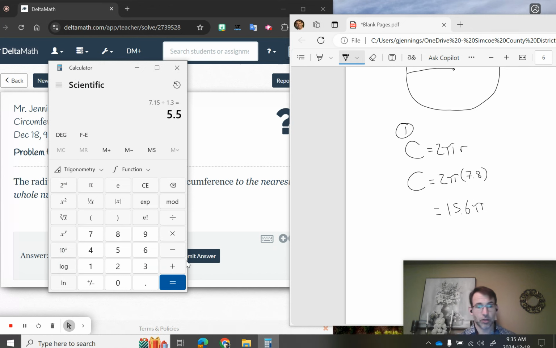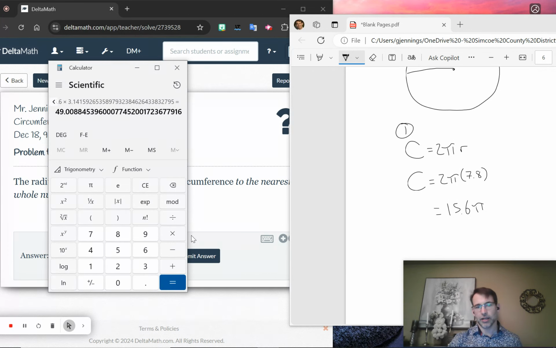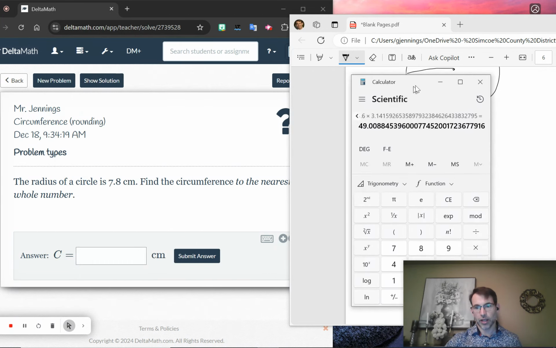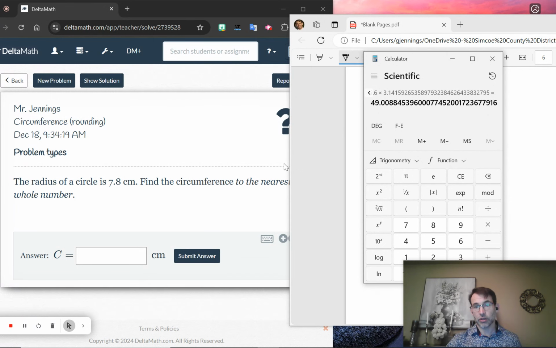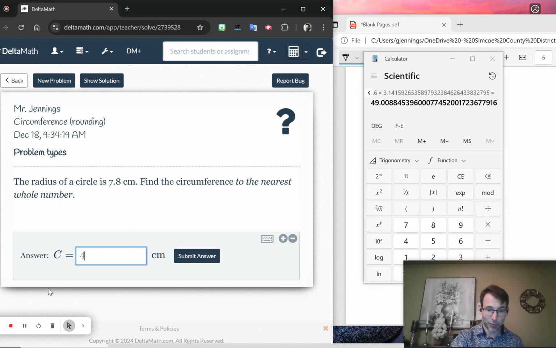So now 7.8 times 2 times pi equals 49.0088. They want it to the nearest whole number, so that's 49.